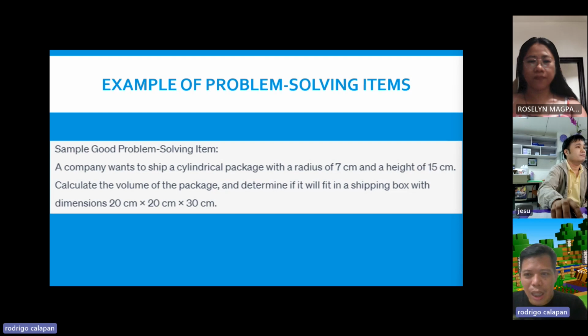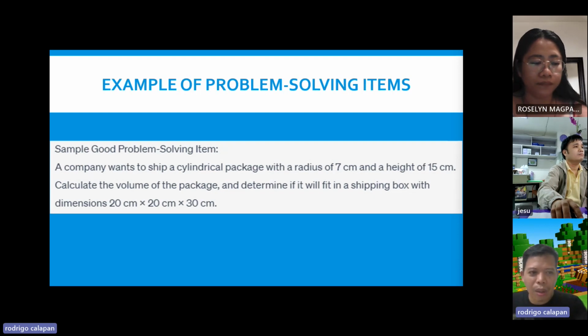This problem-solving item is considered as good, no? Because it provides a clear problem scenario and specific instruction on what needs to be calculated. Very specific. A company wants to ship a cylindrical package with a radius of 7 centimeter and a height of 15 centimeter. Calculate the volume of the package and determine if it will fit in the shipping box with a dimension of 20 centimeter by 20 centimeter by 30 centimeter.